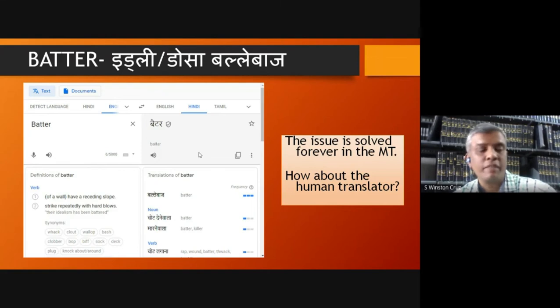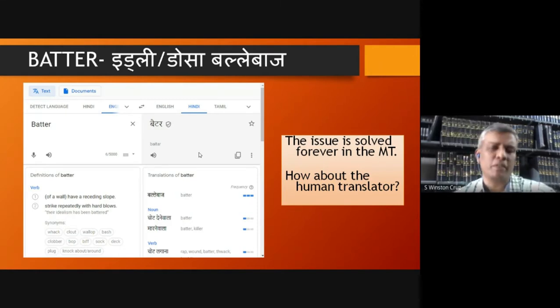But if I'm a human translator, say today my translator initially translated sleepers as 'so rahe log', the people who are sleeping. Then I told her or him that these are sleepers used in the railway transport system, and they changed it. Okay, sleepers, let's keep it sleepers, because we didn't have a word at that time in Hindi for that.